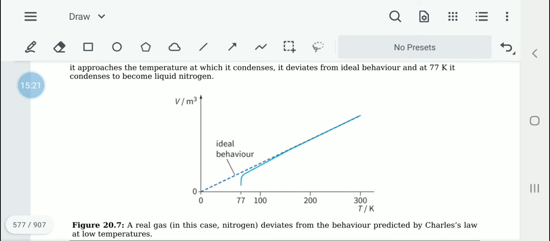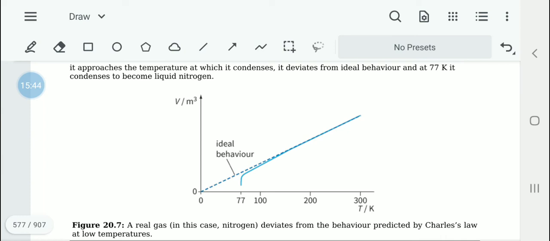After that, write as nitrogen cools up to a certain Kelvin value, it will be a straight line.